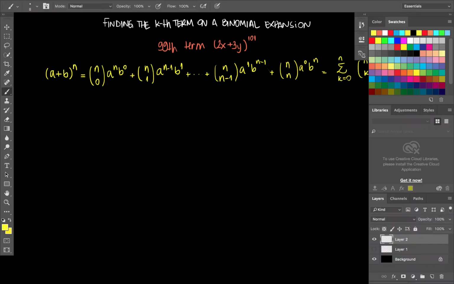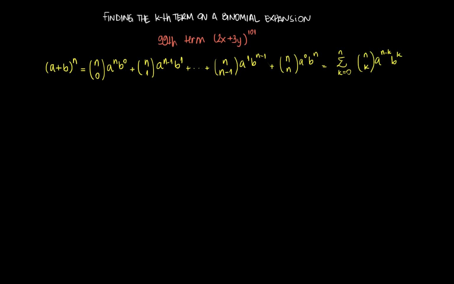But let me just write down how we can calculate this. We have n choose k. This is basically n factorial over k factorial times (n minus k) factorial. So we know how to calculate this binomial coefficient.